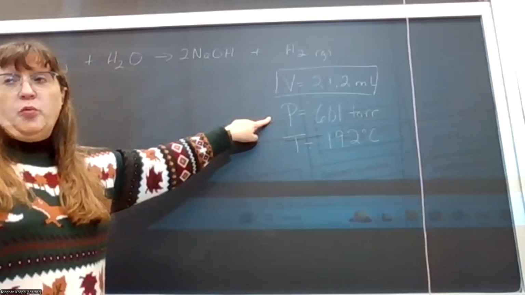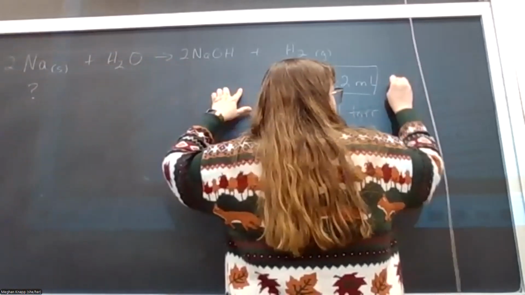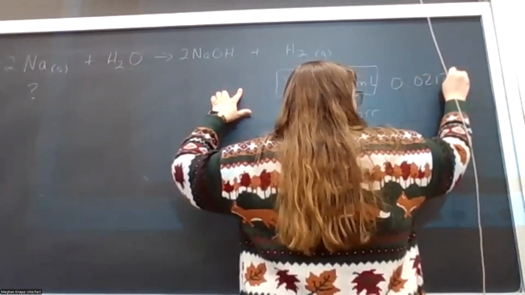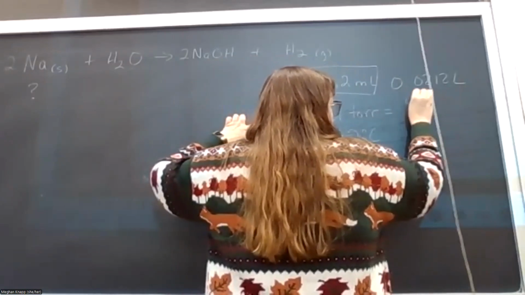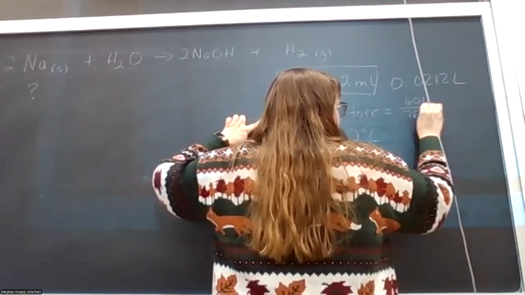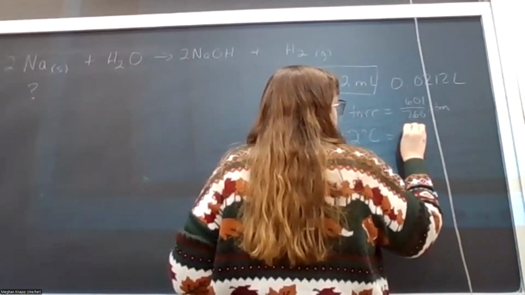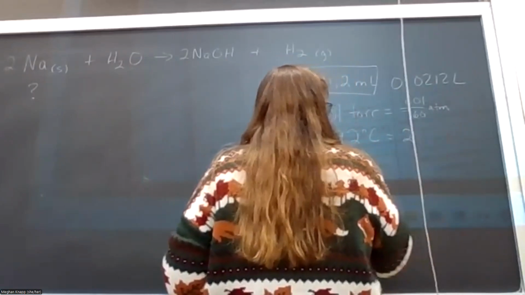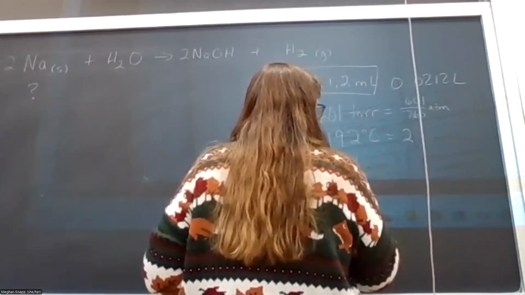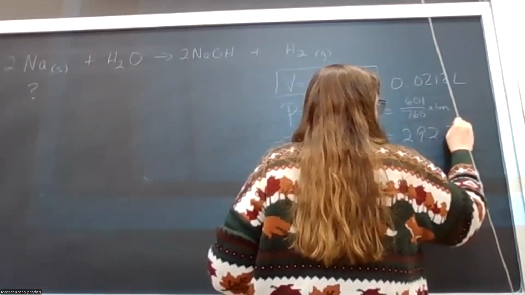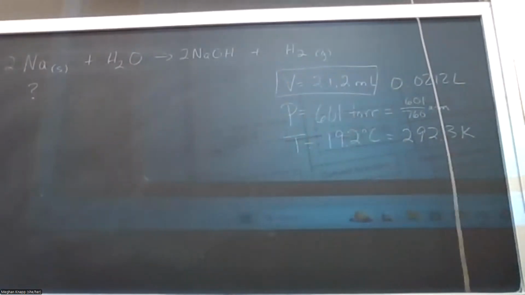Whenever we use R, we have to use whatever units are in R. So this is going to be 0.0212 liters. And this is going to be 601 over 760 atmospheres. And then, of course, we have to change this to 273.1 plus 19.2, 292.3.